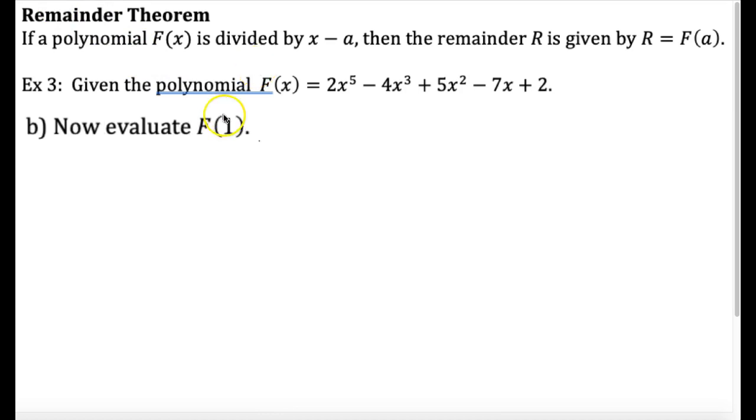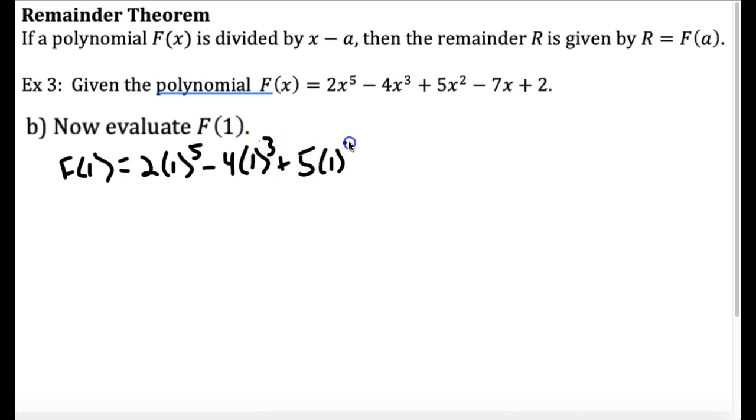Now let's evaluate f of 1. So that means I'm just going to plug 1 in for x everywhere in this polynomial. So f of 1 would just be 2 times 1 to the 5th minus 4 times 1 cubed plus 5 times 1 squared minus 7 times 1 plus 2.